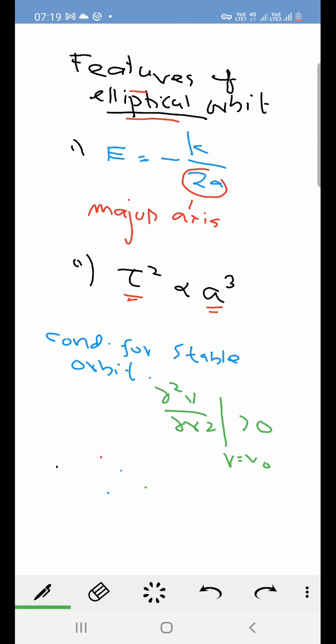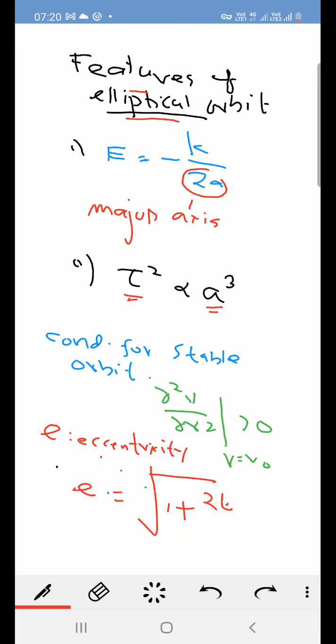So according to Kepler's law, as we have told, we will have a parameter called eccentricity, and it will define the orbit of the particle, whether it will be elliptical or something else. Now, this eccentricity is equal to the square root of 1 plus 2EL square divided by mk square.